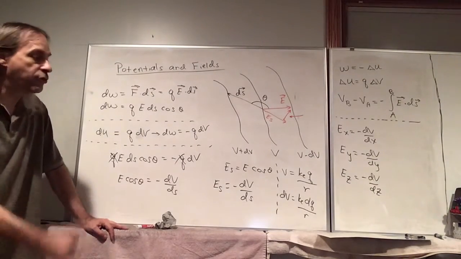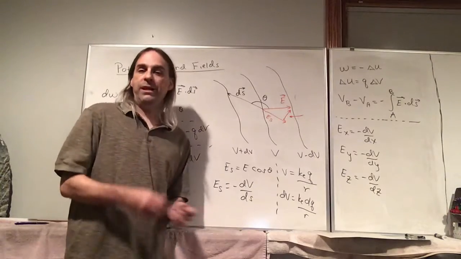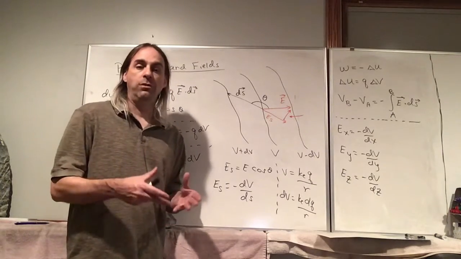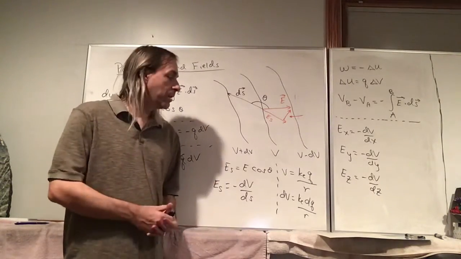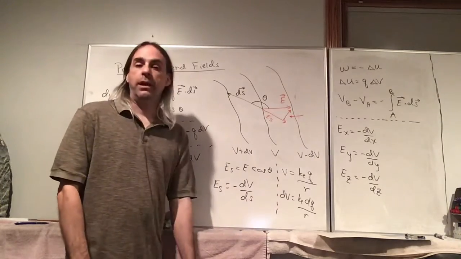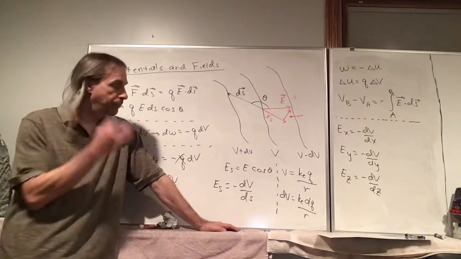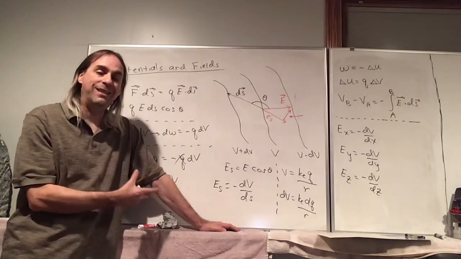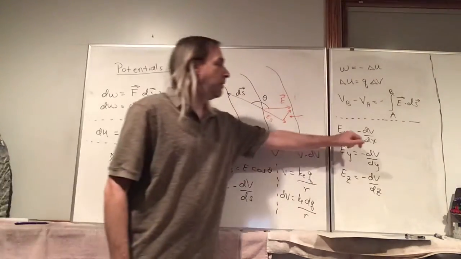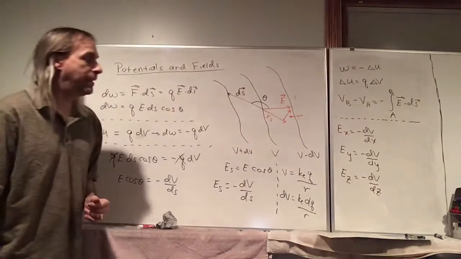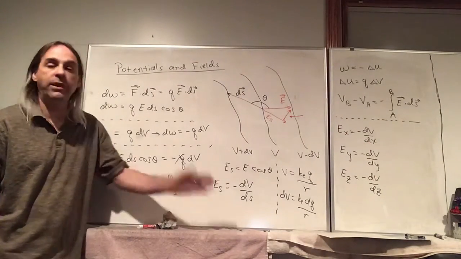So again, for a given charge distribution, finding the electric field by working with vectors is much more complicated than just integrating a scalar, like potential. And if we find this scalar function, then we can take derivatives and get the components of the electric field.